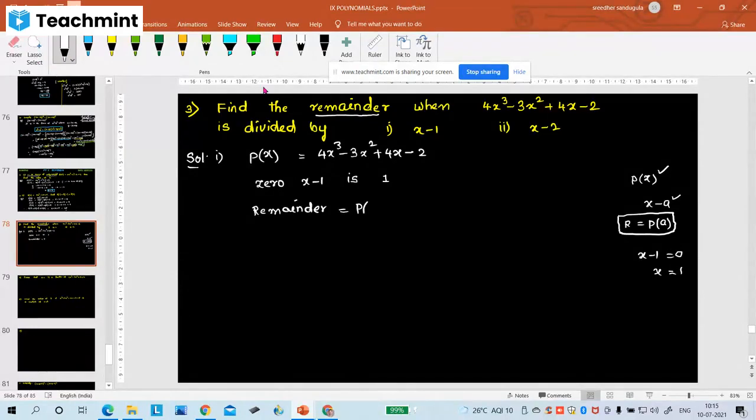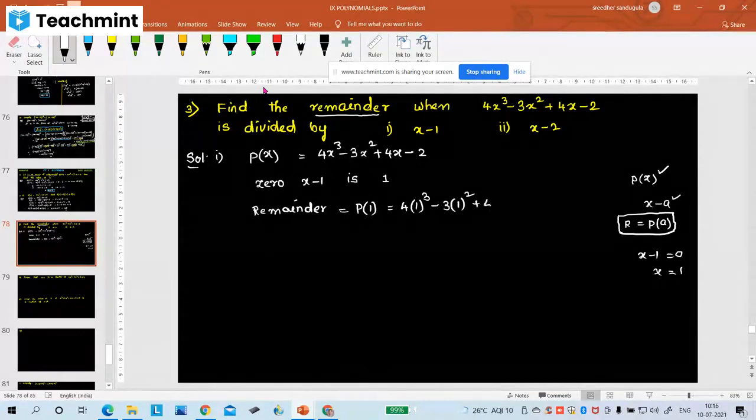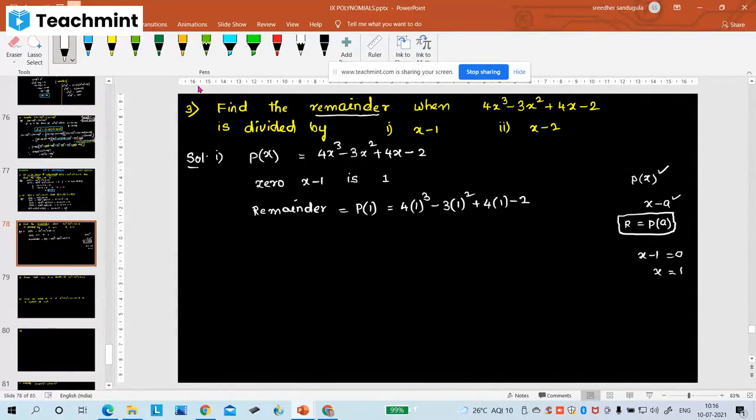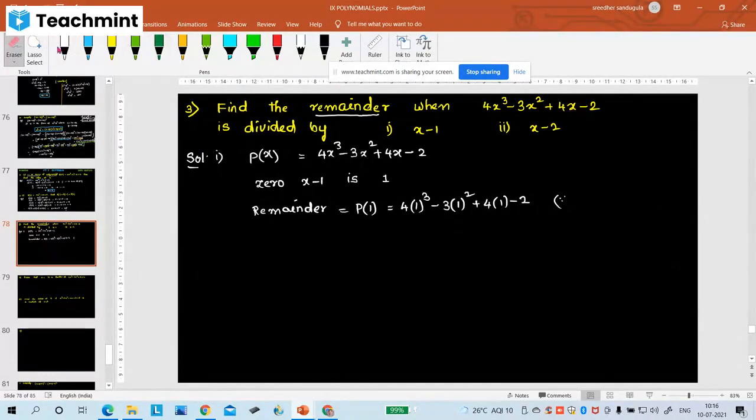A means here p of 1 equals, wherever x is there, the variable, there you have to substitute 1. 4 into 1 cube minus 3 into 1 square plus 4 into 1 minus 2. We have done this because of the concept remainder theorem. Let me mention in the bracket that this is due to the remainder theorem.